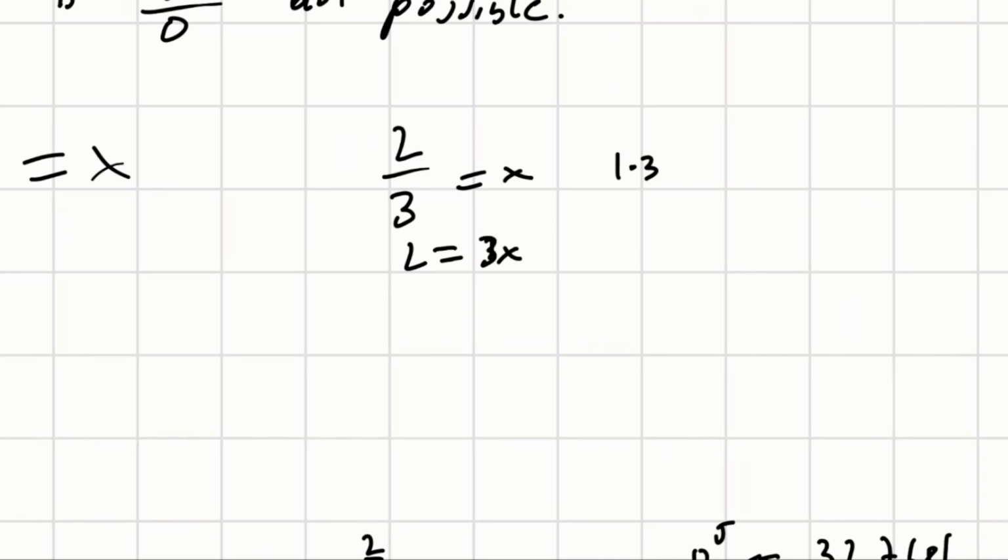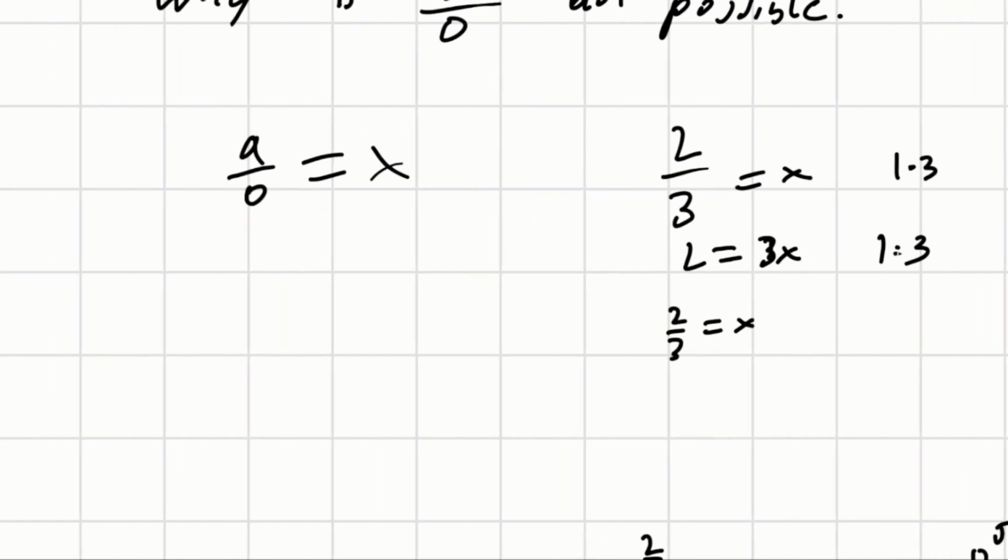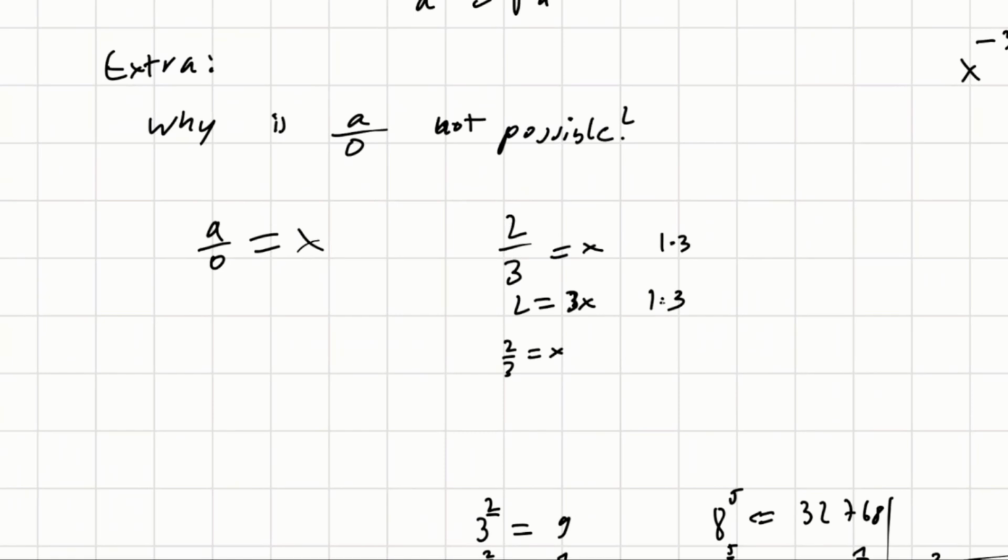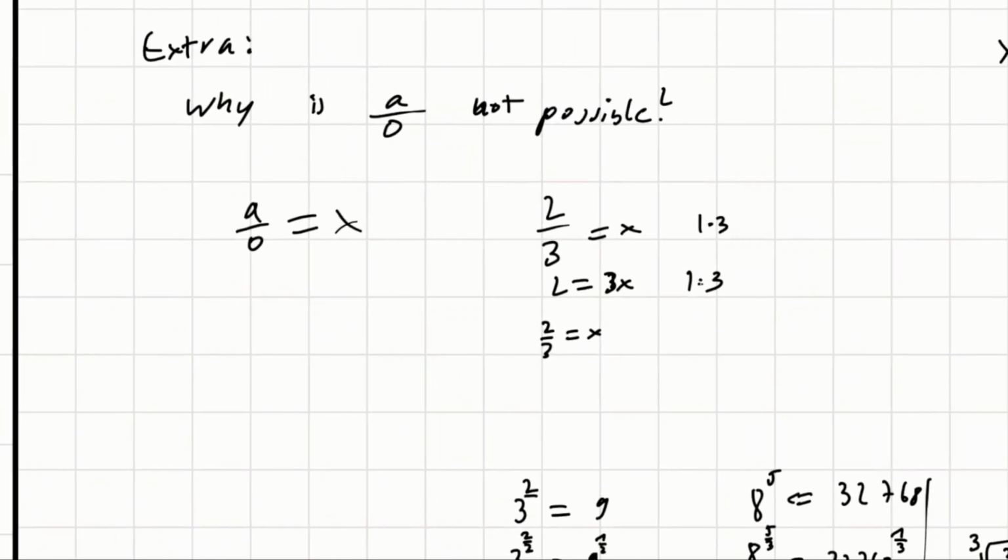Then you could divide by 3, I'm sorry, in this case divided by 3. It's getting late. So this would give us 2/3 equals x. Let's see if this is true. Yeah, it is true. I'm sometimes confused, I'm sorry.